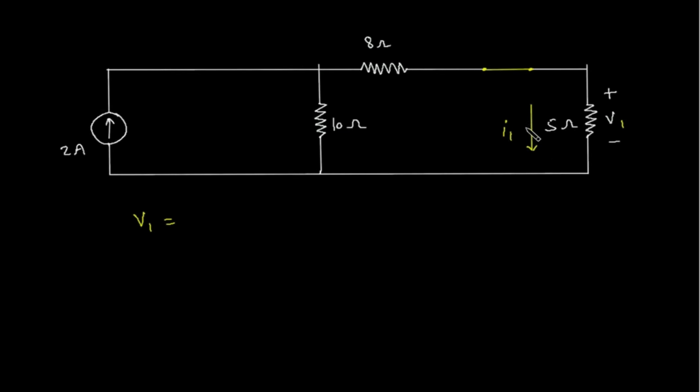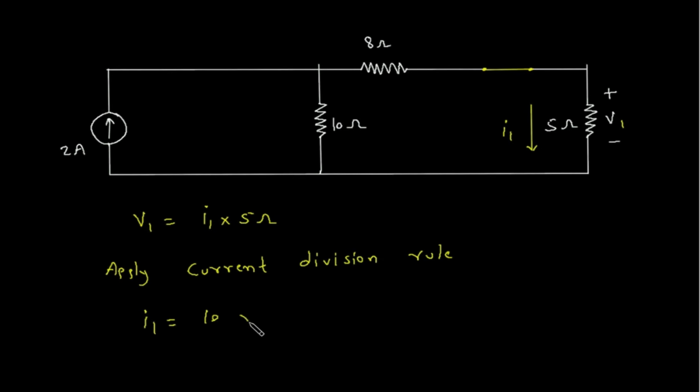Now to find V1, let's say this is current I1. V1 is equal to current into resistance, so current is I1 and resistance is 5 ohm. To find I1, we will apply current division rule. From current division rule, I1 is equal to opposite branch resistance, which is 10 ohm, into this current, which is 2 ampere, by total resistance, which is 10 plus 8 plus 5.